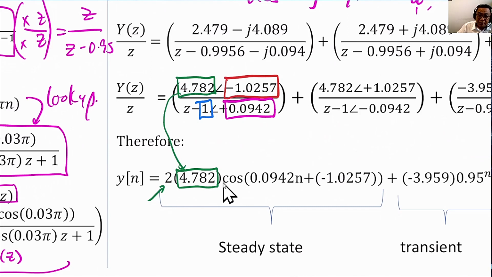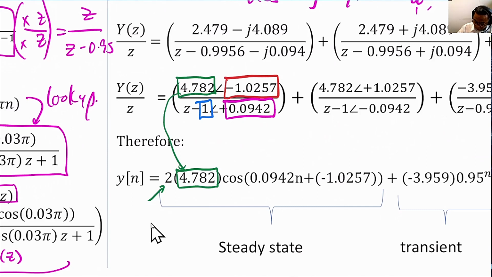So that means the input cosine, which was 1 times cosine 0.03 pi n, has now become 2 times 4.782. So it has become much larger. It went up by close to about 9 times, 2 times 4.7 times.